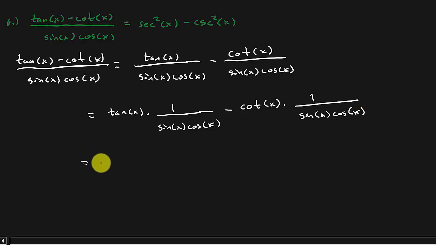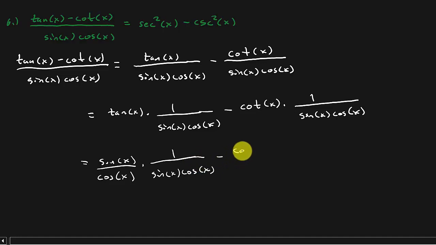So now we've got tangent, which is sine over cosine, times 1 over sine x cosine x, minus cosine x over sine x times 1 over sine x cosine x.